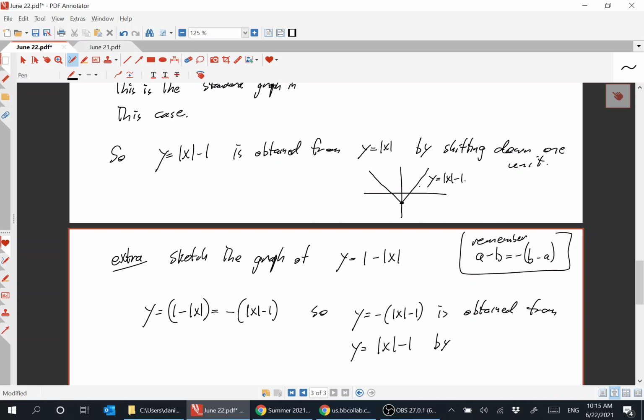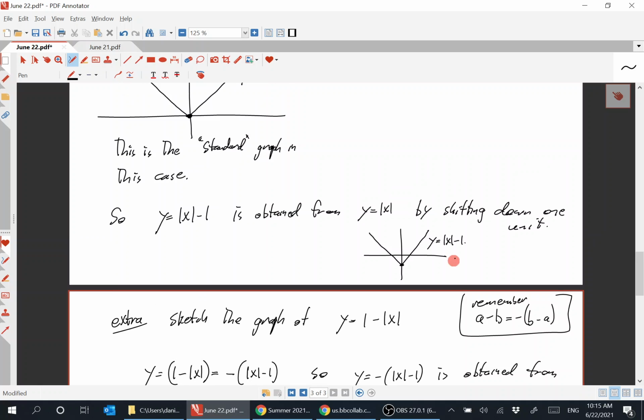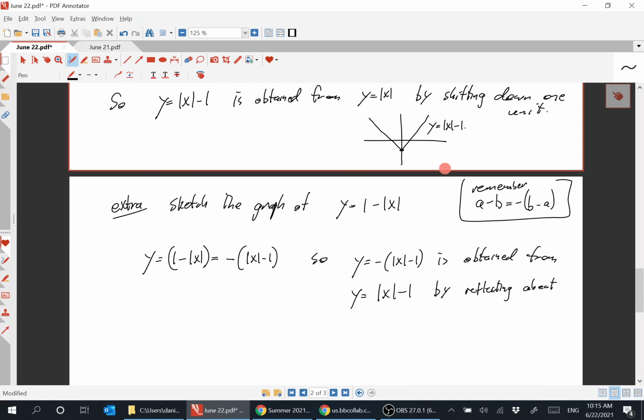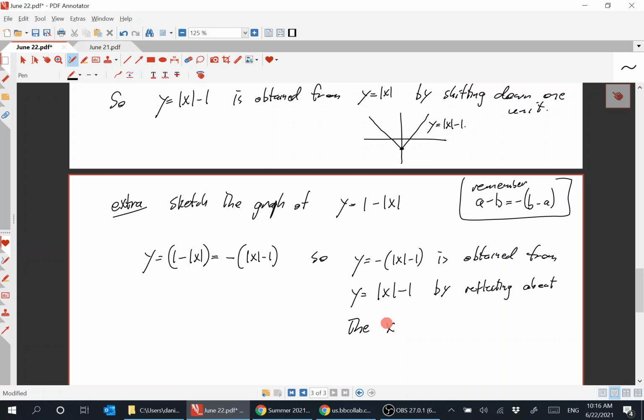When you negate the y values, it takes the graph and does what to it? It reflects it how? We're reflecting about the x-axis.